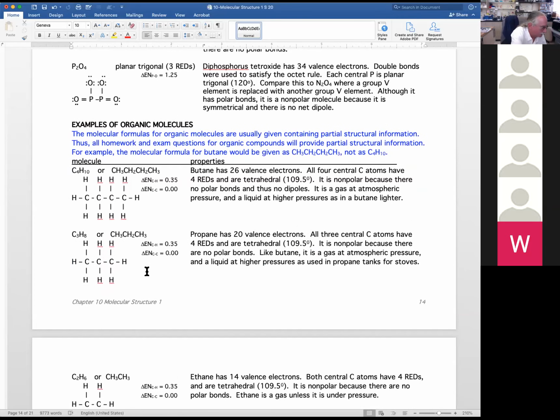Then P2O4. Now, the interesting thing about this, or the key to understanding it, is that there's 2 central atoms. God, where do these molecules disappear to? I don't know where they go.